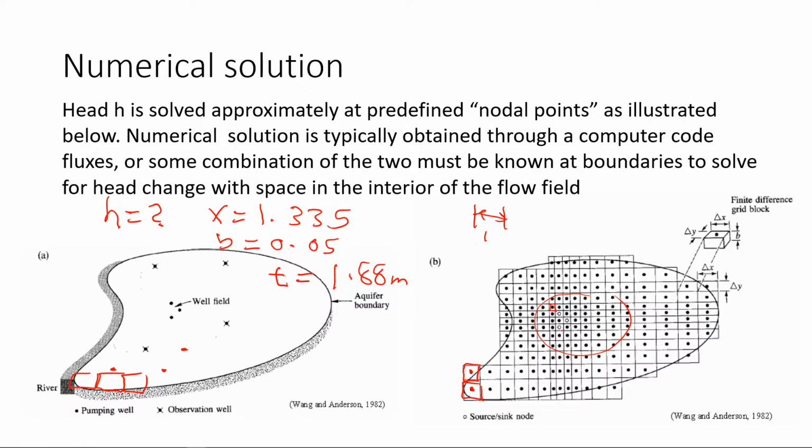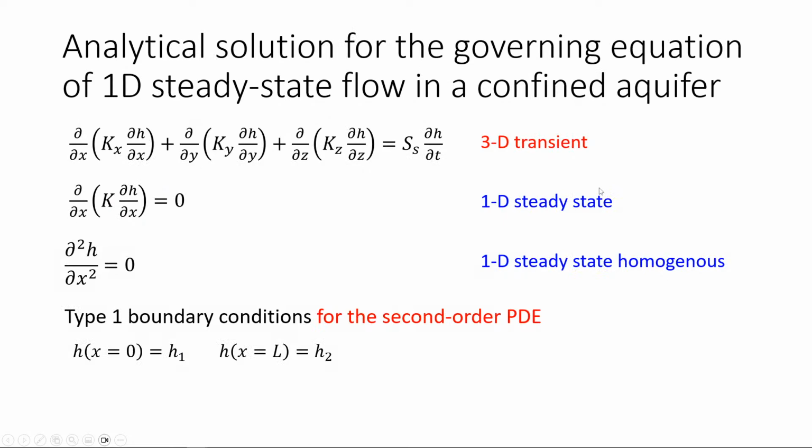A numerical solution just has discretization. Maybe it would be this cell, and your time discretization might not match. If you're discretizing minute by minute, then it will not give you the head at 1.88 minutes, it will just give you the head at minute 2. For the numerical solution, it's an approximate solution. Okay, so now let's get to business.